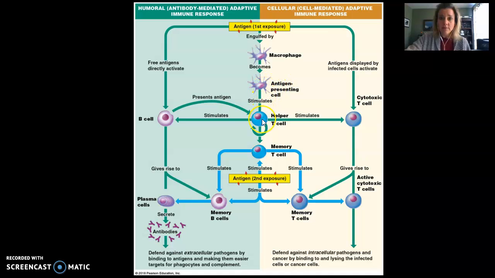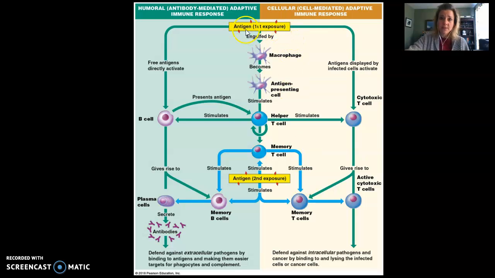Stimulation of helper T cells by antigen presentation also causes the cytokines that the helper T cell releases to stimulate cytotoxic T cells to proliferate, forming more cytotoxic T cells and memory T cells. Again, the memory T cells form the basis for immunity by creating a foundation that makes our body ready to attack this antigen should it ever enter our body again.